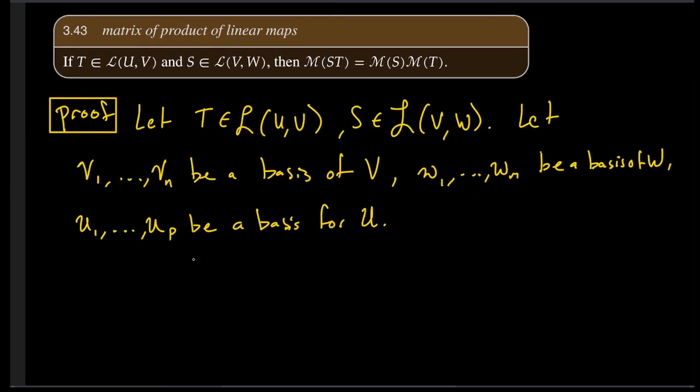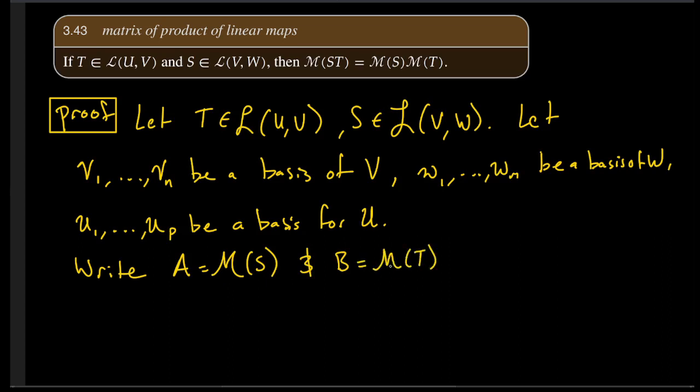Okay, now, just to make things a little bit easier, let's write A for the matrix of S with respect to these bases. And let's write B for the matrix of T. That way I don't have to write quite as many things, since we're going to have a lot of subscripts flying around.